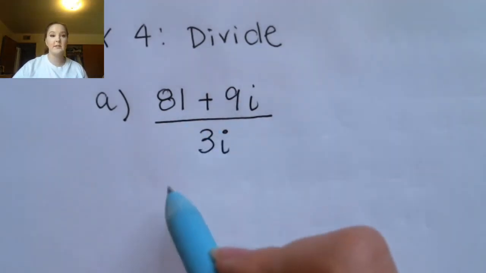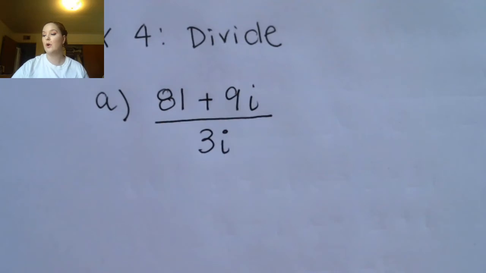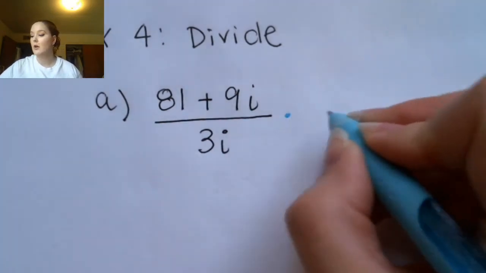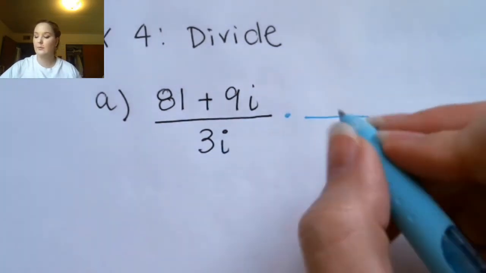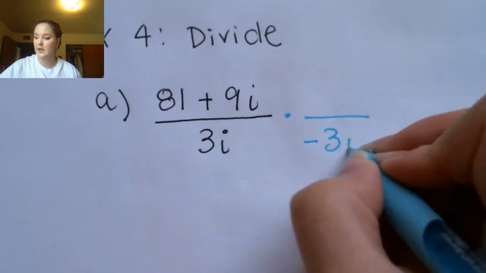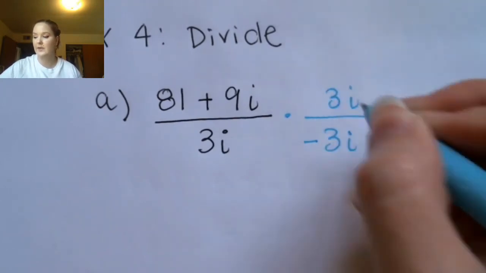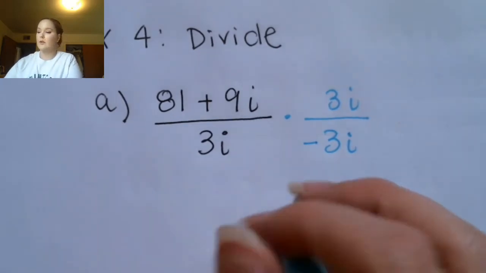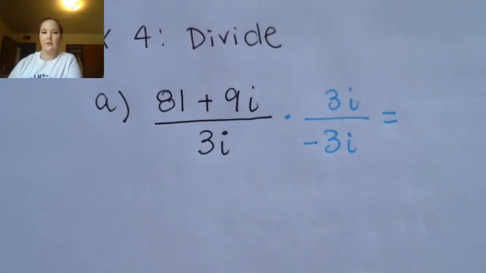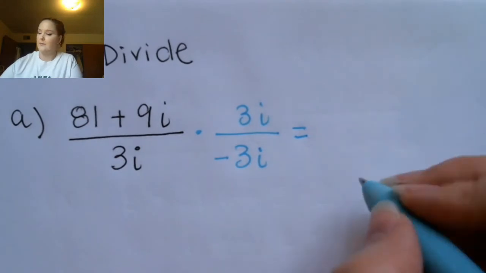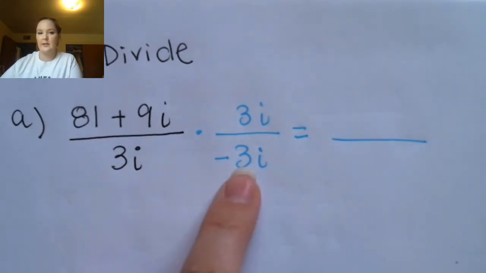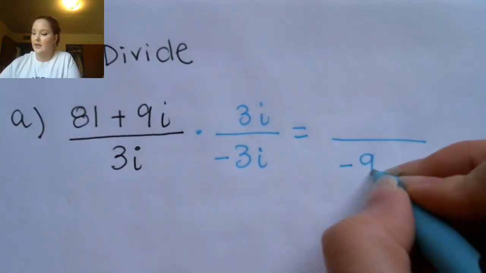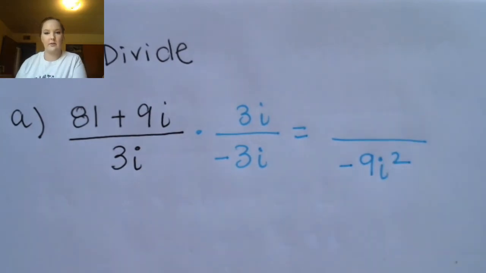Okay, so since this is an imaginary number and it has a real part of 0, our complex conjugate is just going to be minus 3i. Okay, and we're going to multiply by this on the top and the bottom. So here in the denominator, I'm going to get 3i times negative 3i, which is negative 9i squared.